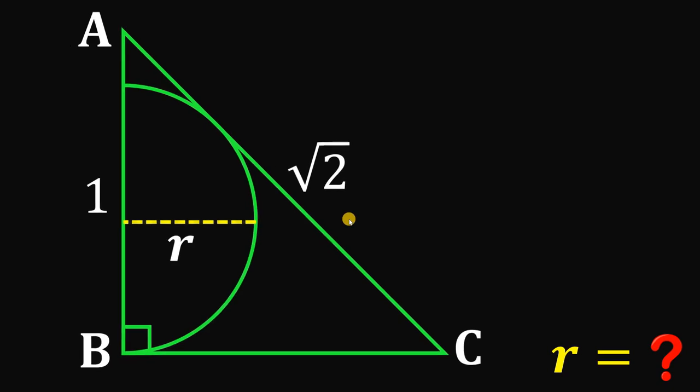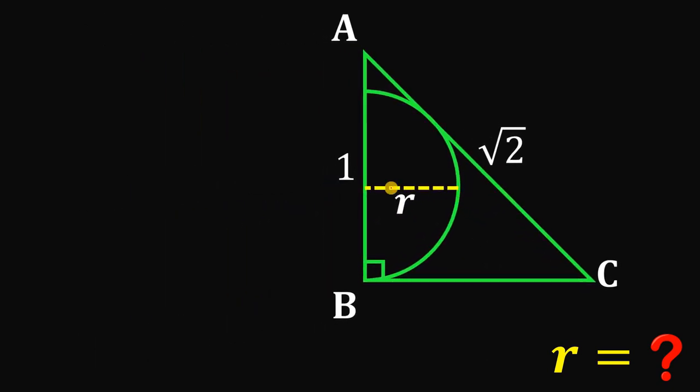Now, let's focus on this figure. Alright, so what can we say? If we use the Pythagorean theorem, we get that the length of BC must be equal to 1. Or, if we know the property of a 45-45-90 right triangle, if this is square root of 2 and this is 1, obviously the other leg must be equal to 1, because this triangle is an isosceles right triangle.